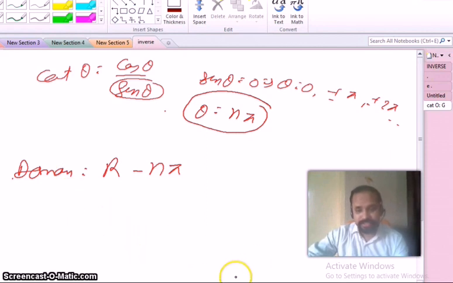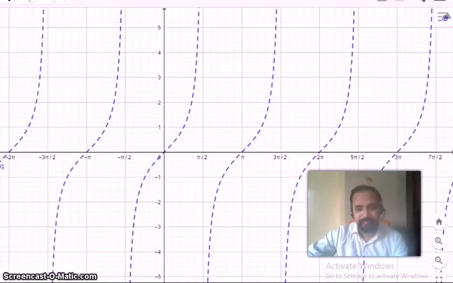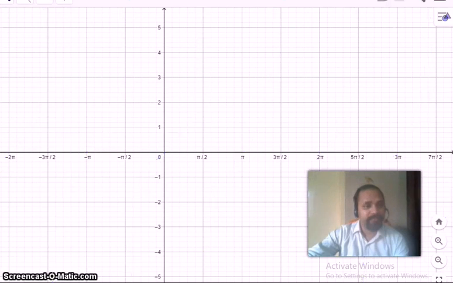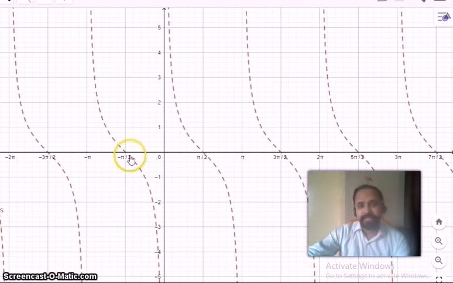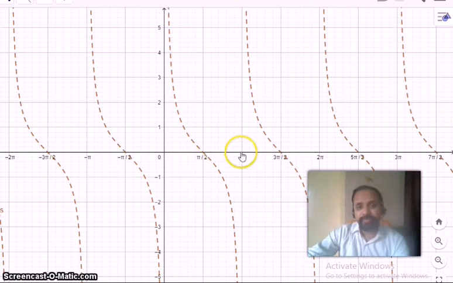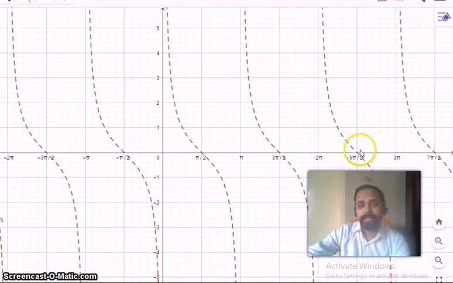Okay, so let's see the graph. This was tan theta. Let's see the graph of cot x. You see cot theta is not defined at pi, 2 pi, 3 pi, and here comes minus pi, minus 2 pi. At all these values, cot theta becomes infinity.